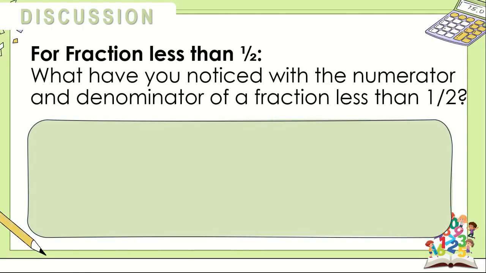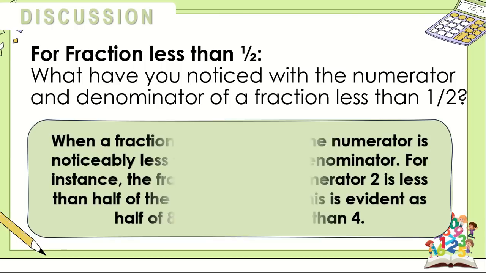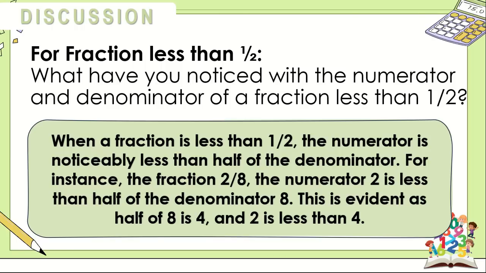What have you noticed with the numerator and denominator of a fraction less than 1/2? When a fraction is less than 1/2, the numerator is noticeably less than half of the denominator. For instance, the fraction 2/8, the numerator 2 is less than half of the denominator 8.